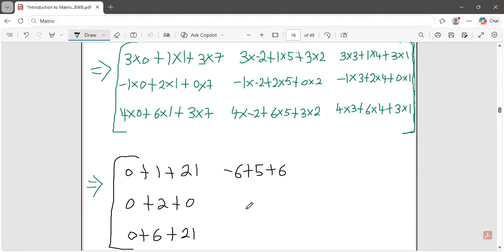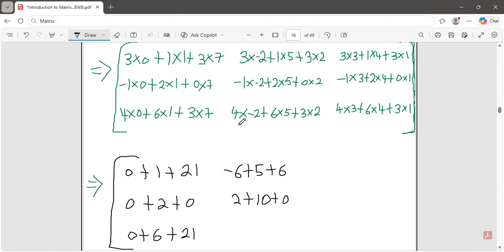And then from there, negative 1 times negative 2 is going to give us positive 2. Plus 2 times 5 is going to give us 10. Okay, yes, then plus 0. Any number times 0 is still 0. Yes, as simple as ABC.